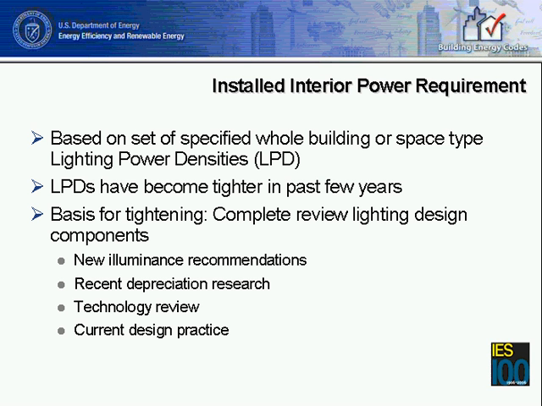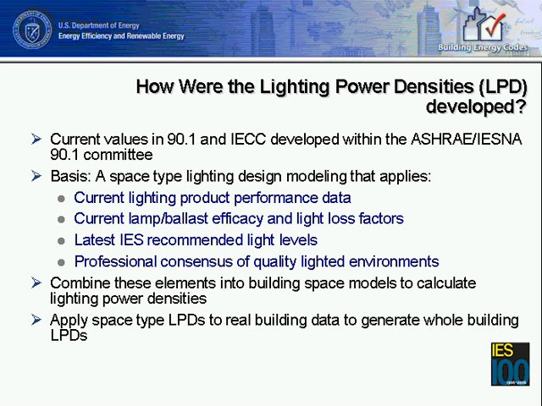It's a review of the current technologies and basic requirements out in the real world. These include new illuminance recommendations from IESNA, some recent dirt depreciation research, a review of all the lighting and luminaire efficacy technologies that are out there, and a fresh look at current design practices. These are all inputs into the process, and they've just been reviewed.